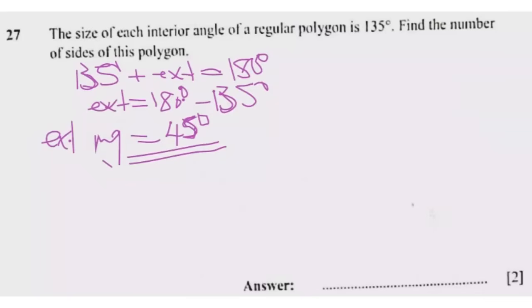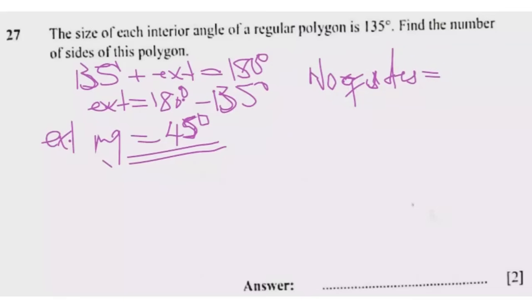So the number of sides is equal to, first we get the total sum of exterior angles.